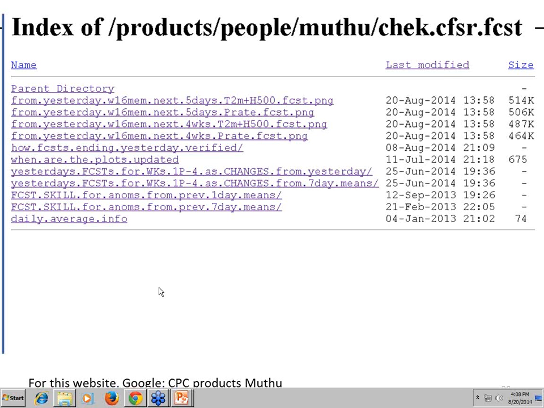I'd like to ask, I didn't understand how you calculated the anomalies and then you showed the correlation. Would you please explain the technique once more? Okay, I will make it very simple again. If you are making the forecast today for week 3 and week 4, I subtracted the model forecast, the total field for week 3 and week 4, minus today's or yesterday's weather mean.